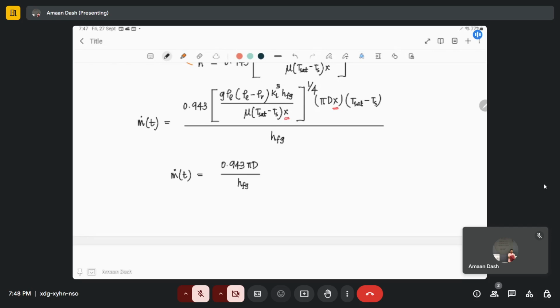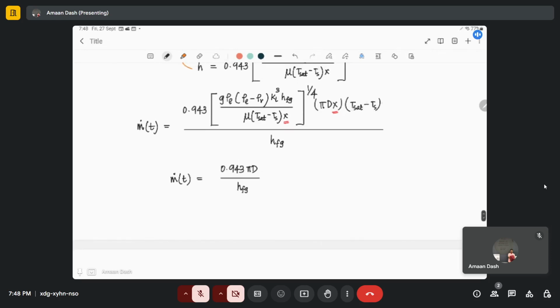And then we have all the terms in the bracket. And if you just get this T_sat minus T_s inside, it will be to the power of 4. And here we have 1, so it will be cancelled out. Okay.